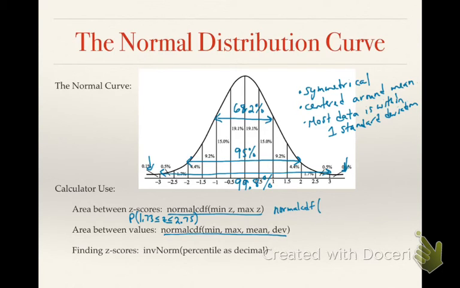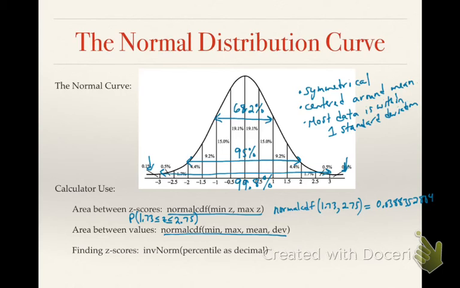You type in the minimum, which is the 1.73 z-score, and the maximum, 2.75. And you'll see your calculator spit out a number that says 0.0388352804.